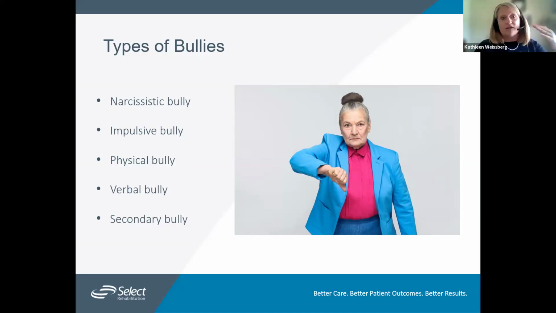We know with the physical, the verbal, easy. Then there's that secondary bully, and we'll talk about this person in a little bit more detail as we go along. But this person goes along with the bully, not because they really want to bully somebody, but because it's survival of the fittest. We talked about those cliques, right? If this person goes along with it, they're protecting themselves: if I play along, then they won't bully me.